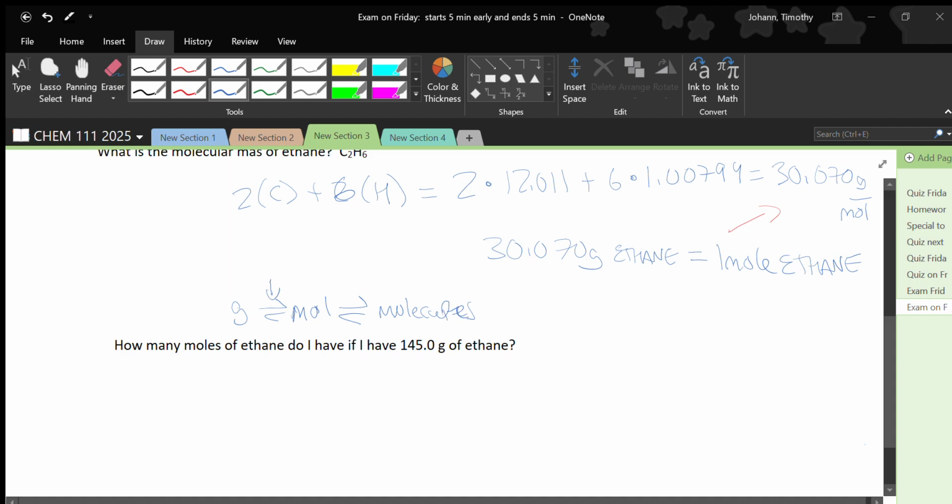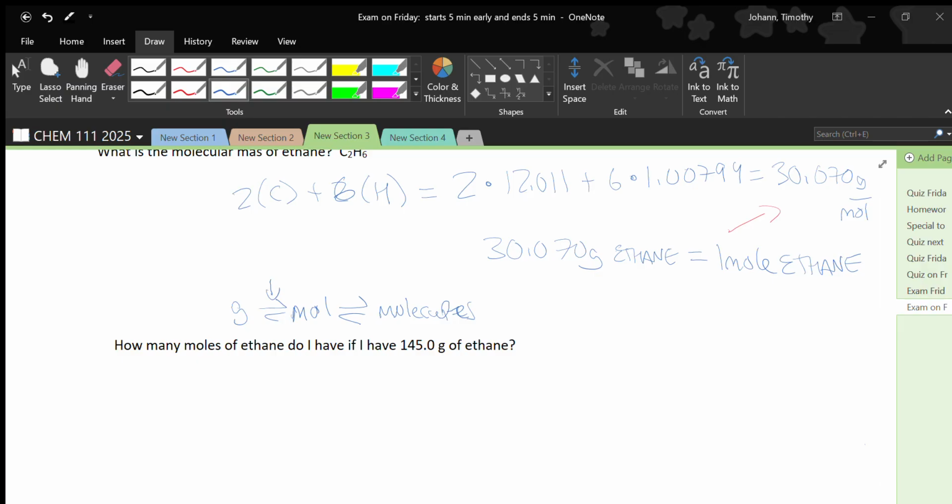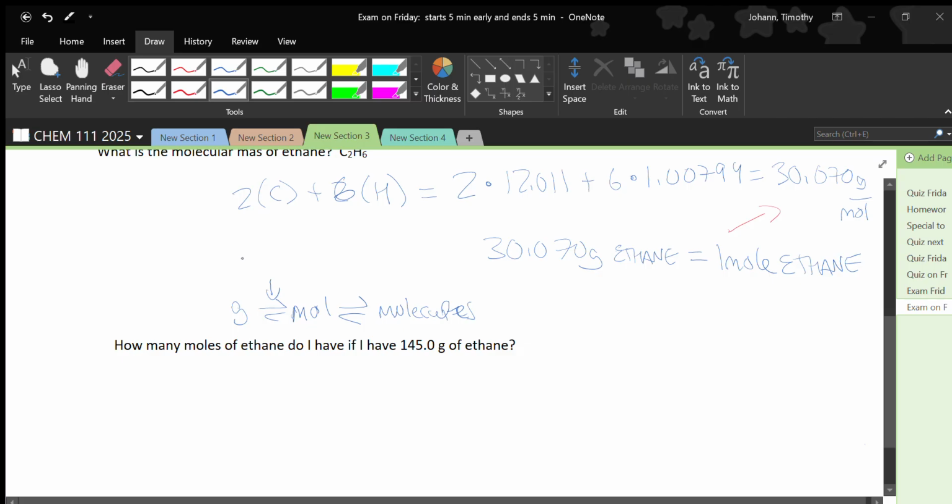What's my conversion factor that gets me back and forth between moles and grams? The formula weight, molecular mass. Molecular mass is under the 77 there or on top of it.